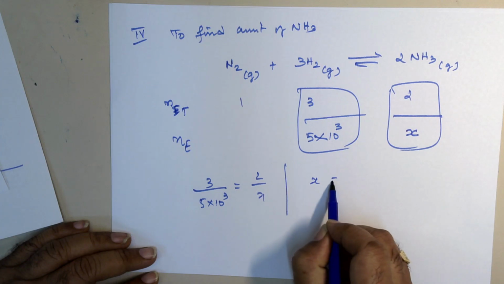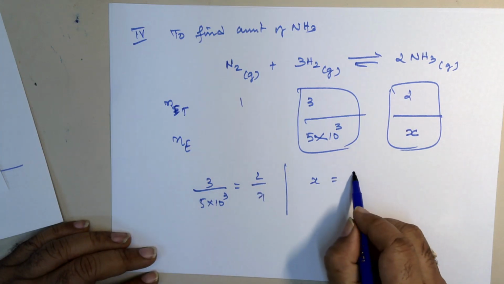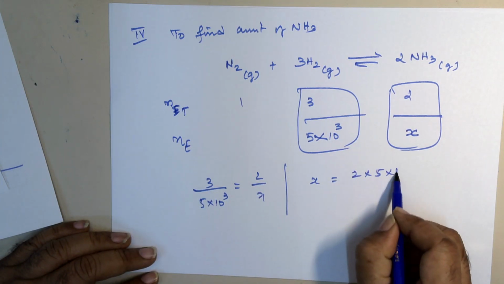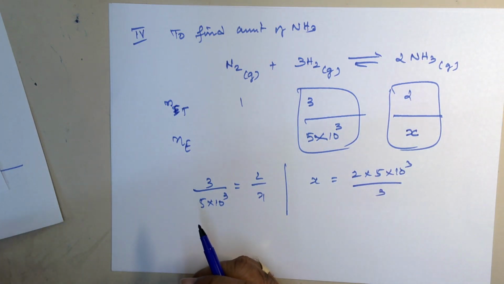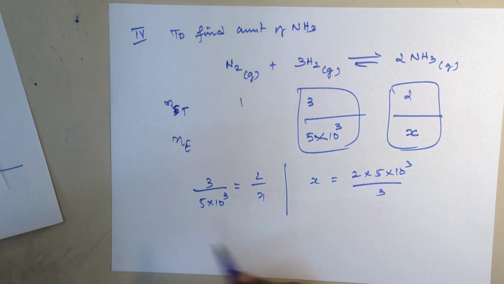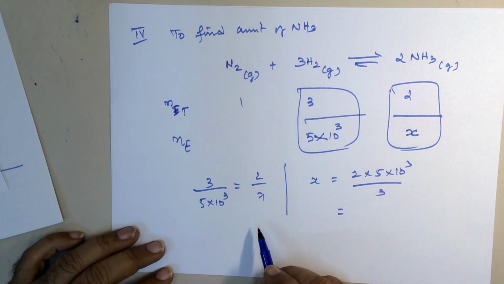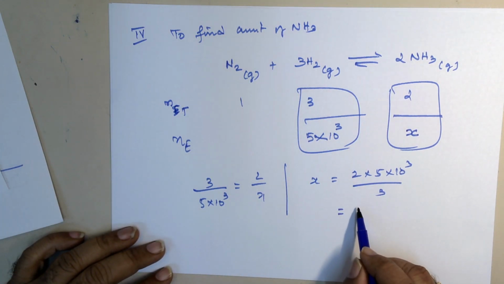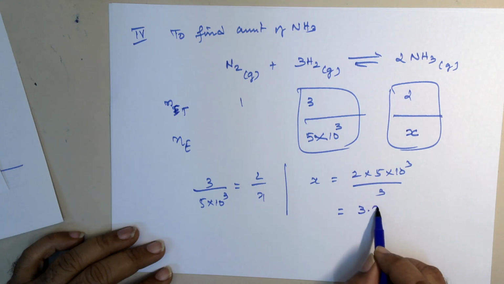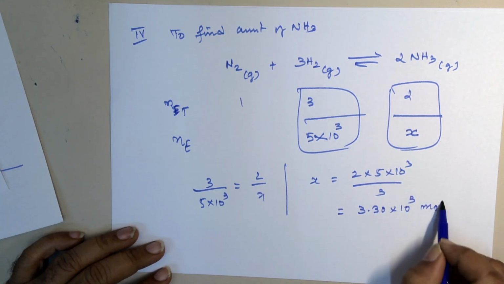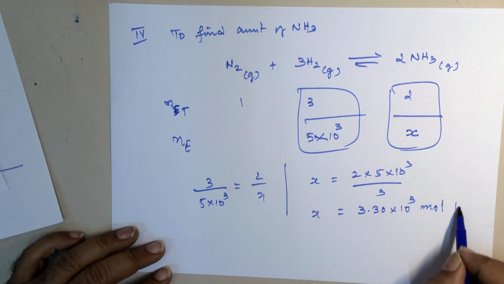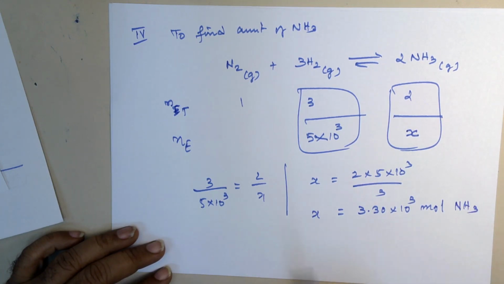So find out x. So 3x is equal to 2 into 5 into 10 cube, divided by 3. Work out. So make it as 3.30 into 10 power 3 mole of ammonia is required. Got this point?